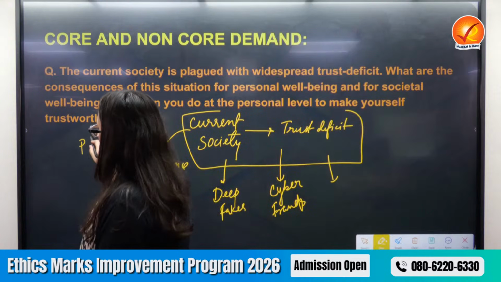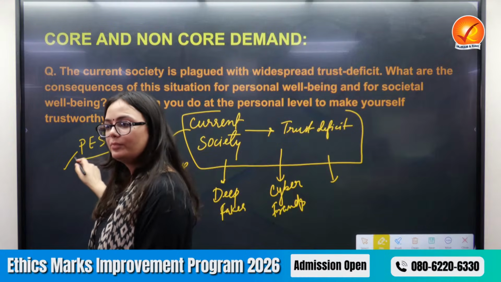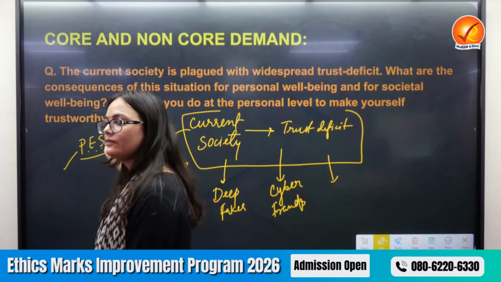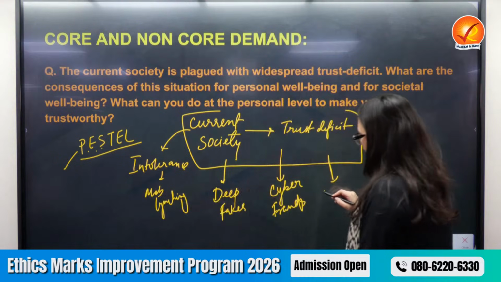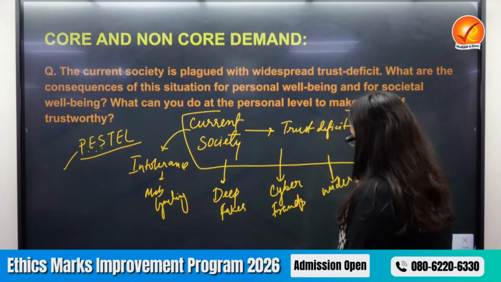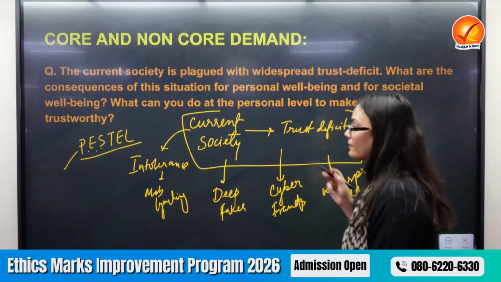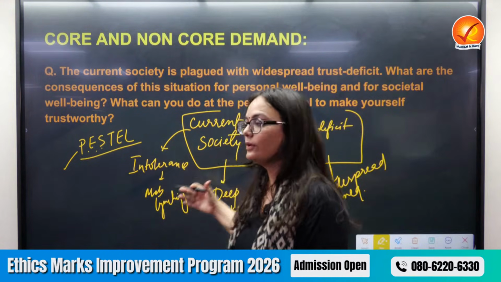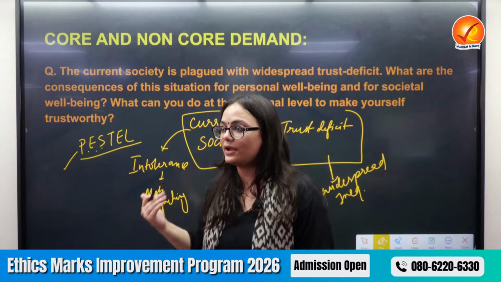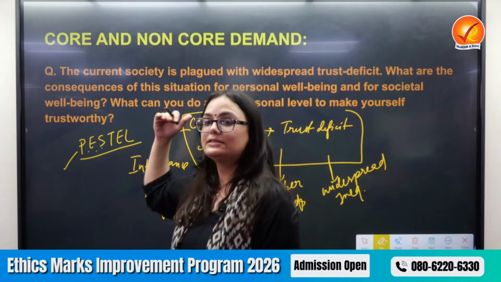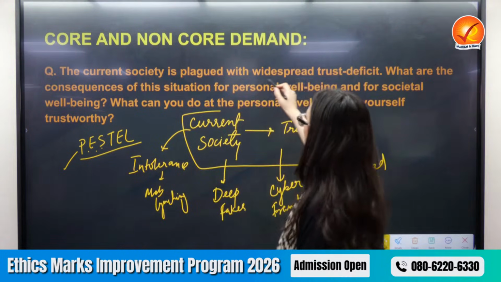Just breaking it down in PESTLE, thinking of it in political, economic, social, technological, environmental, and legal terms. Right? This is what will help you to tell the examiner that yes, you agree and you also understand how the present society is plagued with a trust deficit, right? This is what you do.